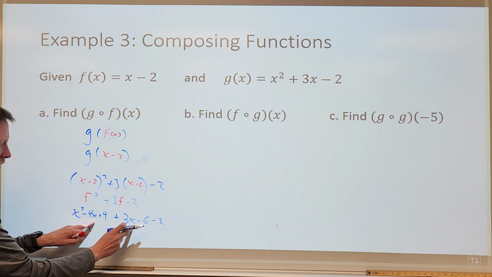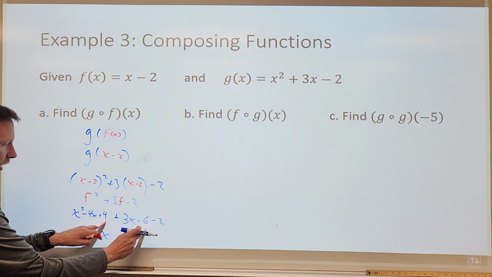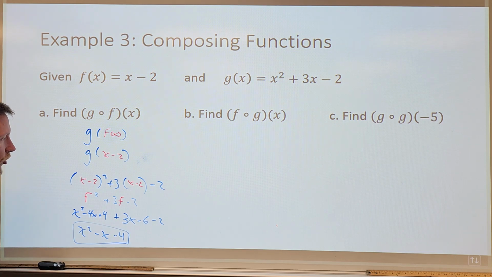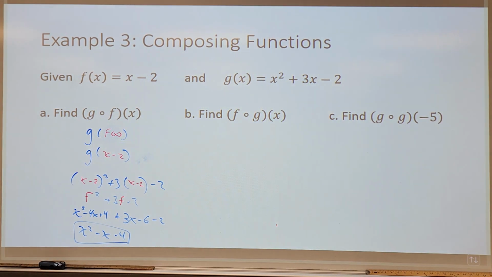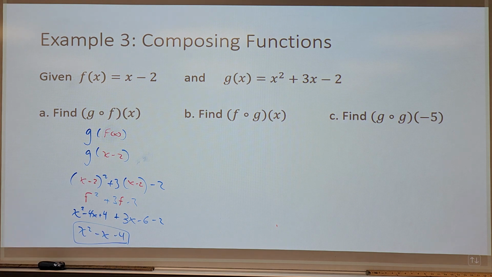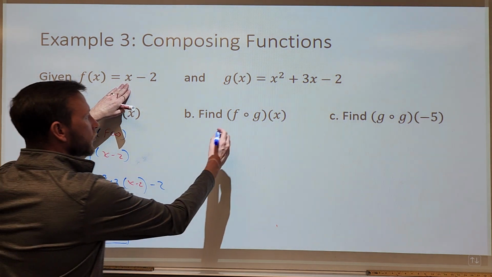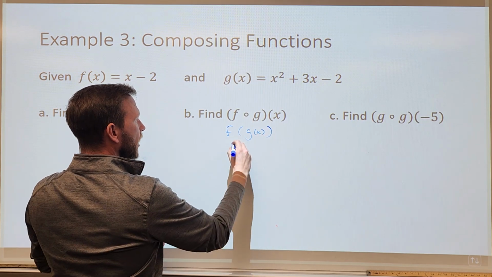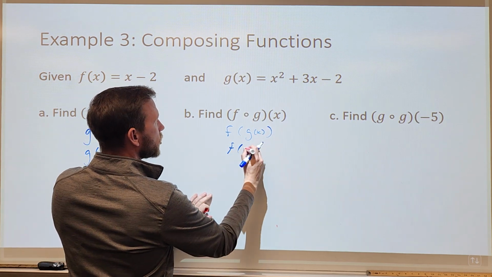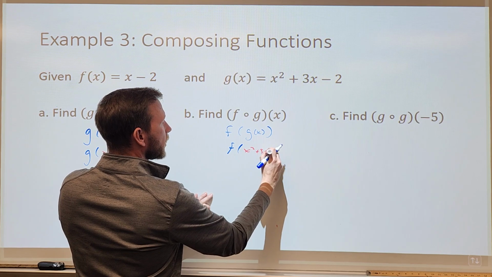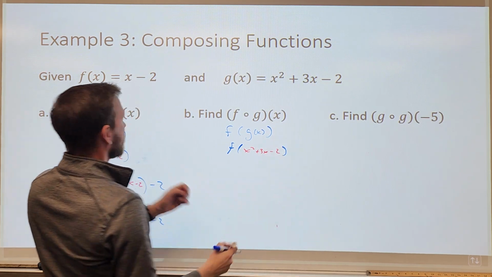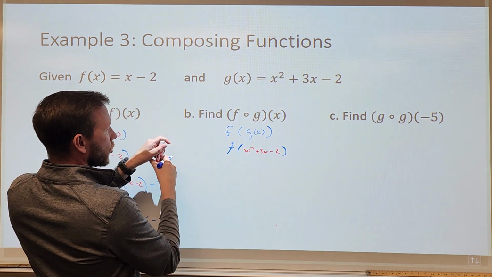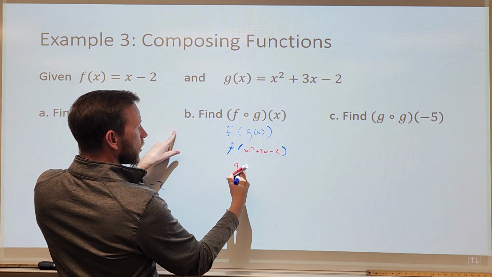We've got our x squareds, our x's, and our constants. When we combine all those terms, our new g of f of x is x squared minus x minus 4. Find f of g of x. Here, when we say f of g of x, what we're saying is, what if we put g into f, meaning that instead of having x minus 2, we would have g minus 2.